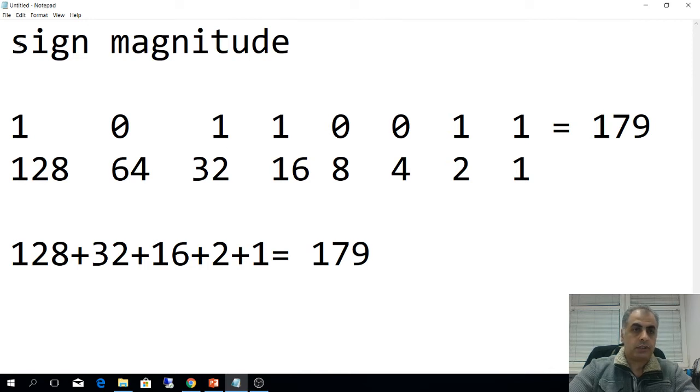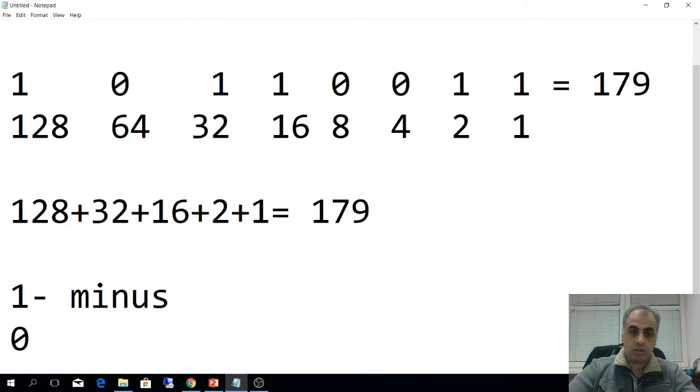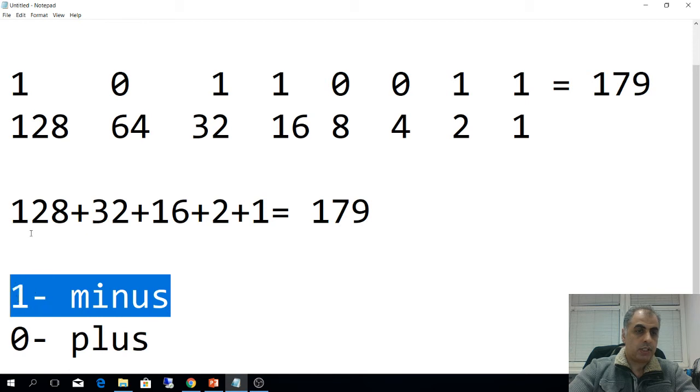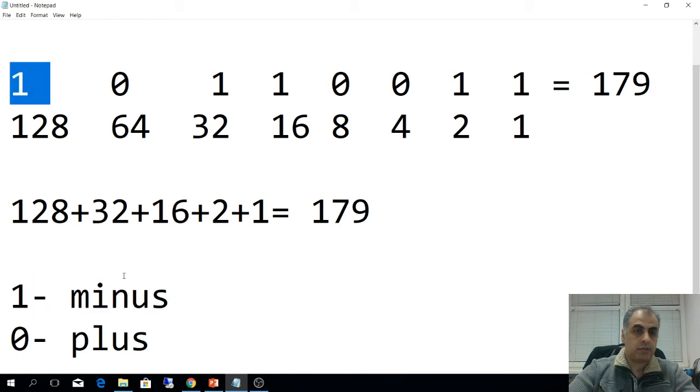When we talk about signed numbers, the very most left digit is showing you the sign. It is like this: if it is 1, it is minus; if it is 0, it's plus. In other words, 1 is showing that it's a negative number, 0 is showing that it's a positive number.